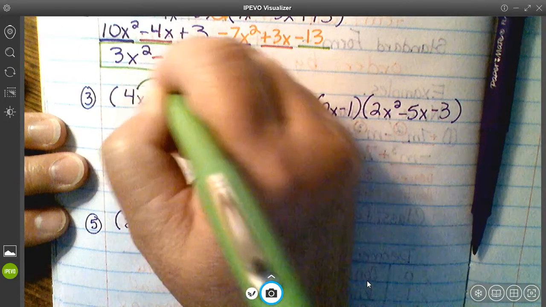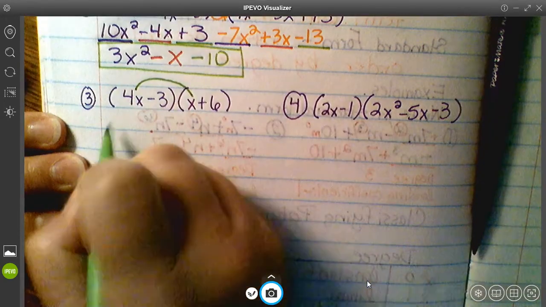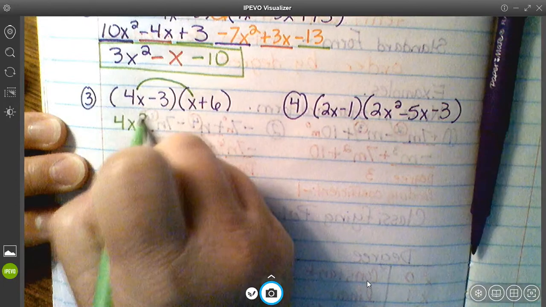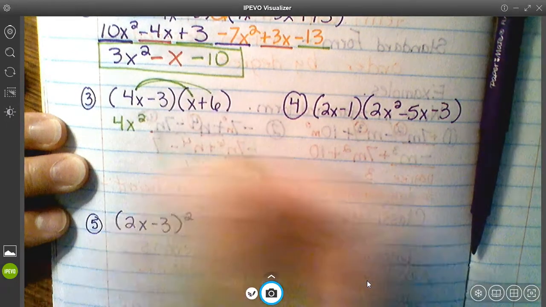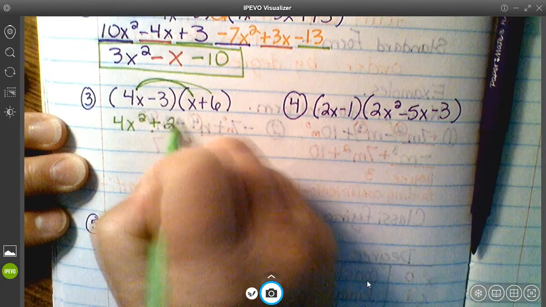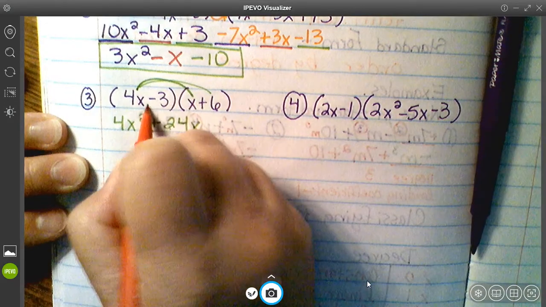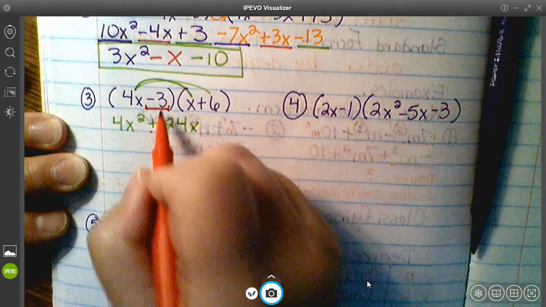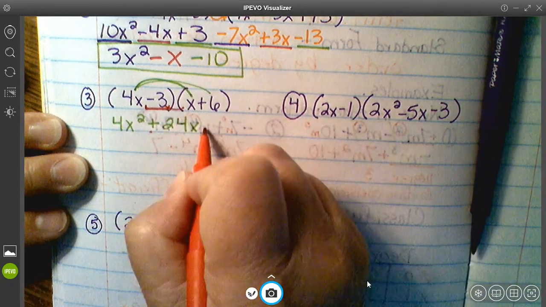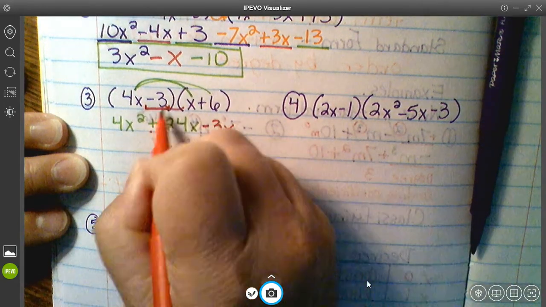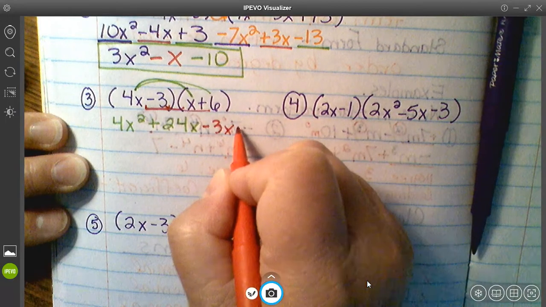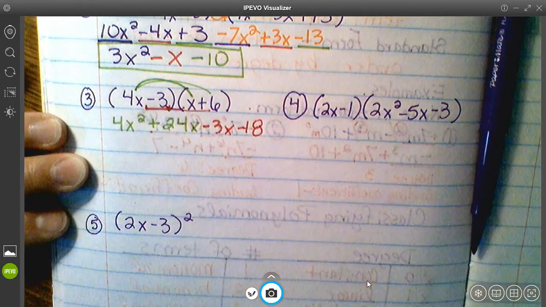So I'm going to distribute the 4x times the x, 4x squared. 4x times the 6, positive 24x. Then I'm going to distribute my negative 3. So negative 3 times x is negative 3x. Negative 3 times the 6 is a negative 18.